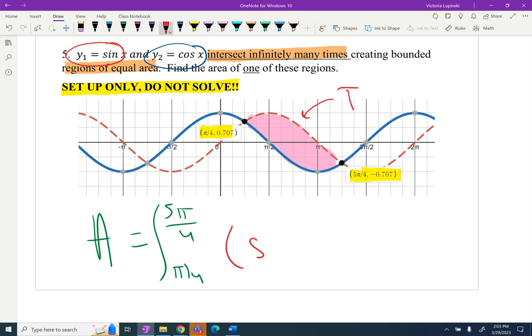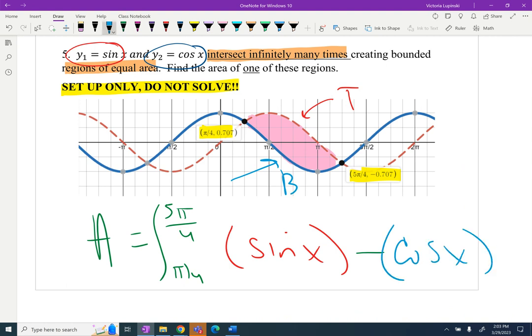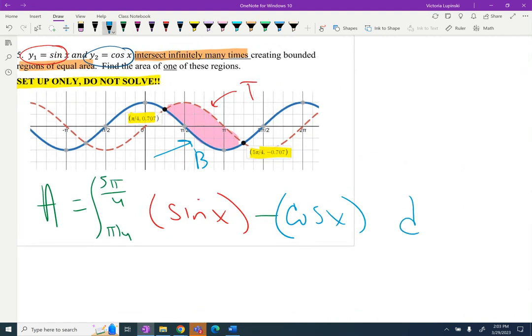So you're going to do the sine minus the blue curve, which is the bottom curve, cosine. Again, this whole thing should have a dx, and you don't have to actually finish it. You just have to set it up. I mean, yeah, if you don't remember sine and cosine, yeah.